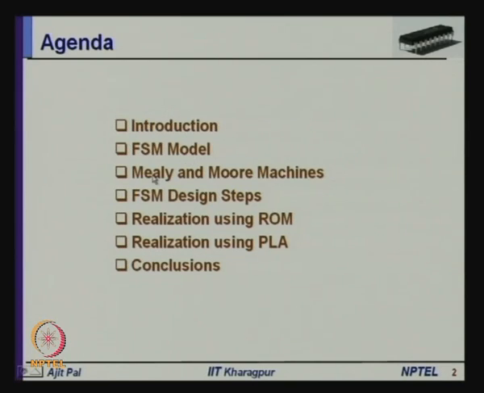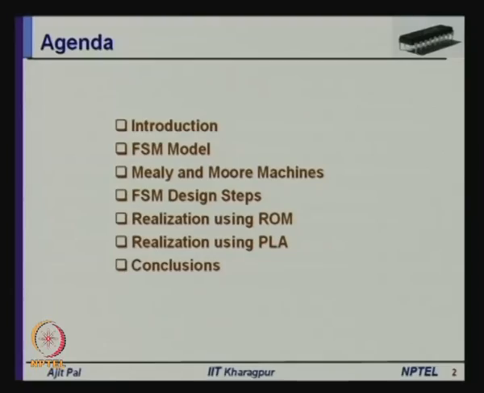Then I shall talk about two different types of finite state machines, Mealy and Moore machines. Then I shall discuss finite state machine design steps. Through a number of design steps, the specification is transformed into implementation in terms of gates and flip flops, and how that is being done I shall discuss in detail.